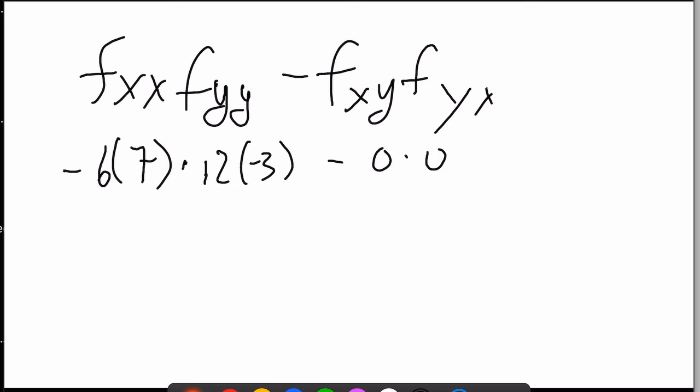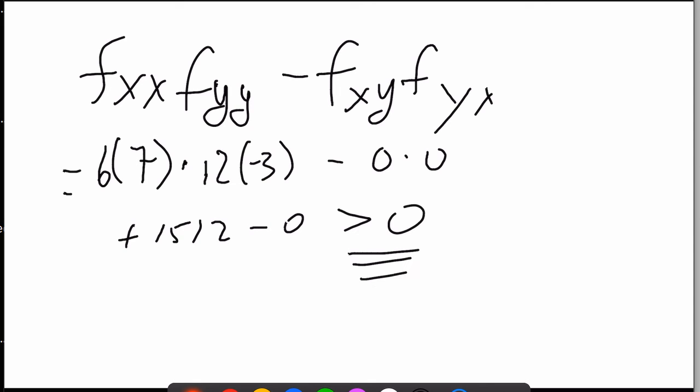Yes? That's 42 times 36. The key thing there isn't that it's 42 times 36. The key thing would be what? There's two minuses, right? So this is going to be a plus 1512 minus 0, which is greater than 0.